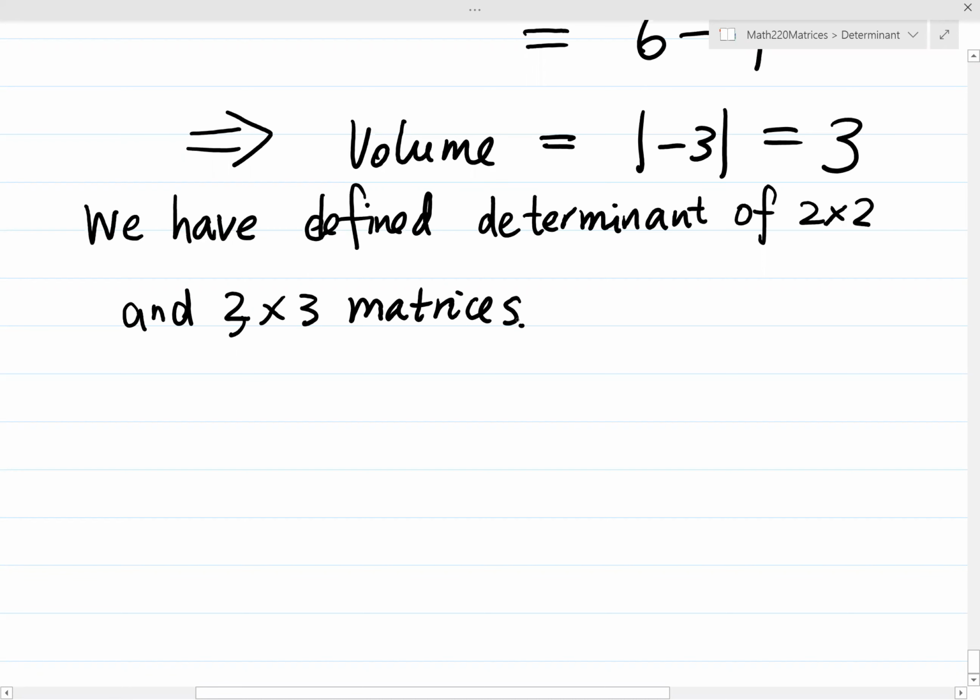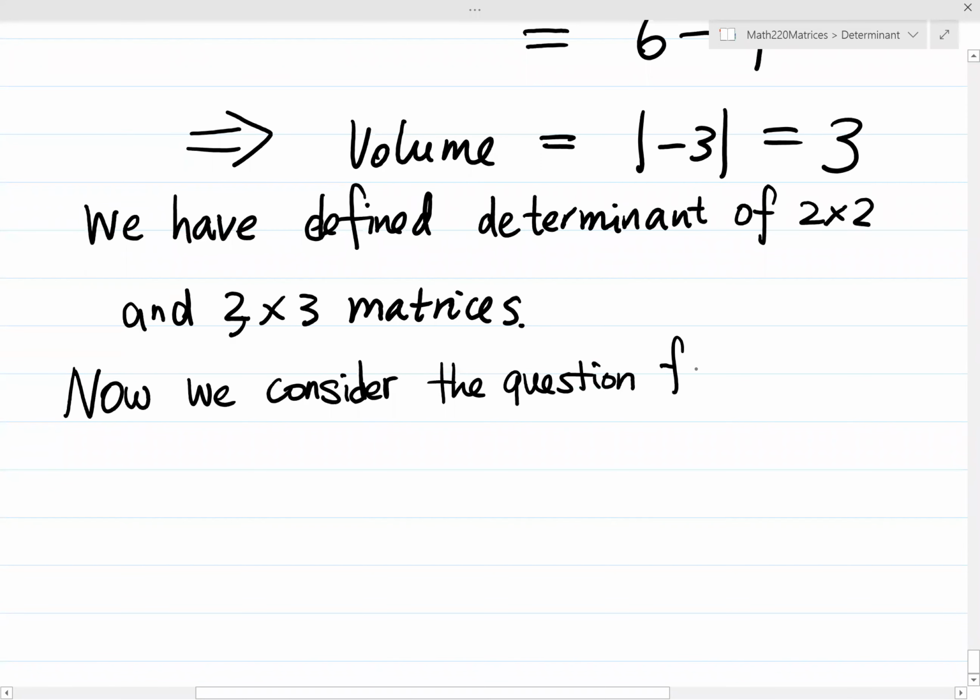Now we consider how to find the determinant of n by n matrices. Consider the question for an n by n matrix A. Here we assume n is greater than or equal to 4, using induction.